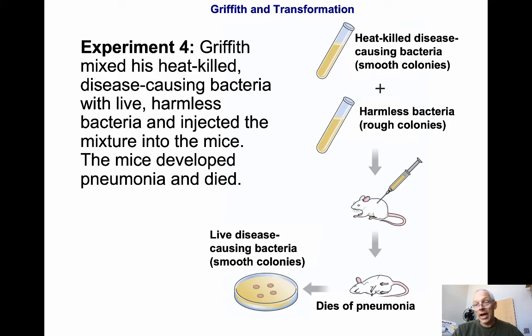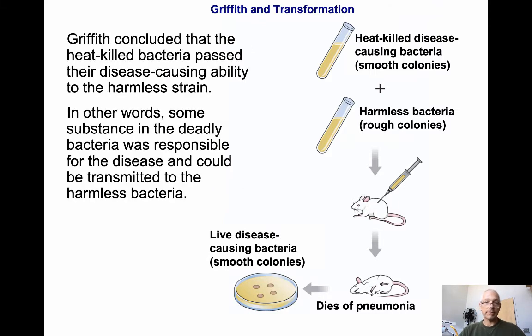So how was it that this disease-causing factor in the dead bacteria was able to be transmitted to the living bacteria that were in the harmless bacteria? How was that transmitted and was able to change those harmless bacteria into deadly ones?